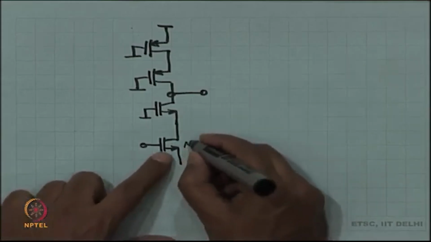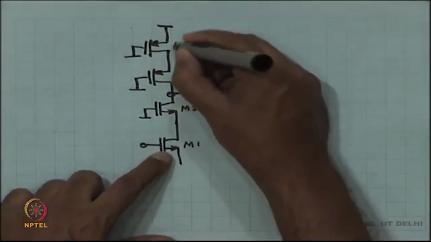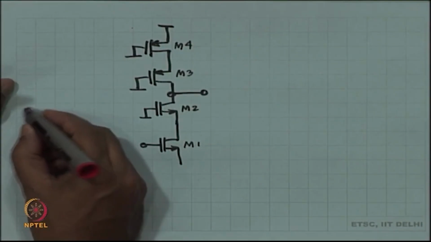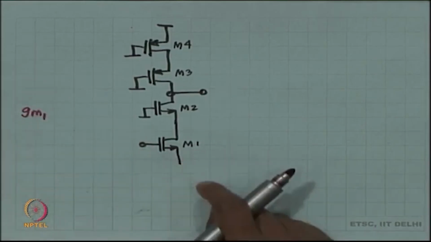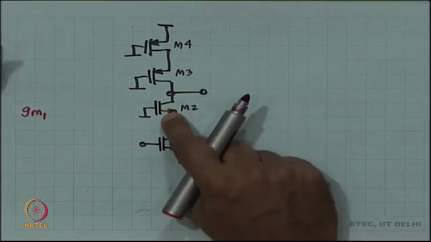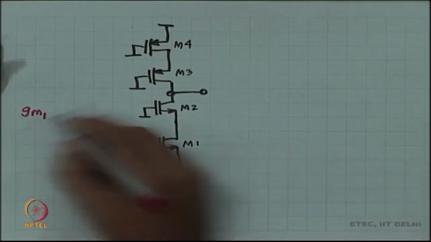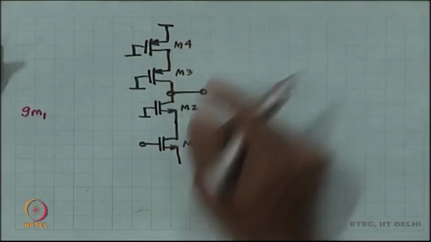So, if you want to work out the approximate voltage gain, it is nothing but Gm1 is the transconductance approximately, and the output impedance is Gm2 RDS2 times RDS1 approximately in parallel with Gm3 RDS3 times RDS4.